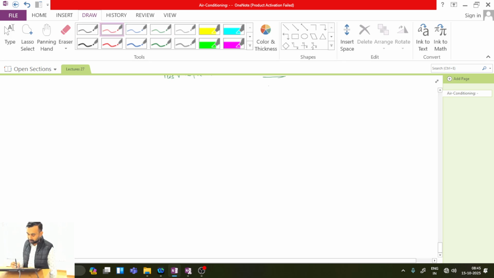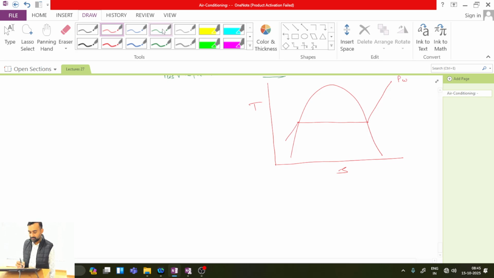So let's see that diagram again. This was some PW pressure line. This was my state A. When I did cooling under constant pressure, I reached this point D, and this temperature TD was my dew point temperature.